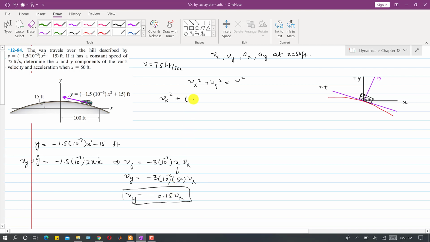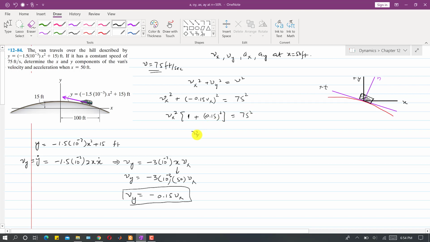So we can write it here. This will be minus 0.15 vx whole square, and this will be equal to v square, and the velocity magnitude is given, that is 75. So this will become 75 square. Now if I take vx square common from this equation, this will be 1 plus 0.15 whole square, and this will be equal to 75 square.